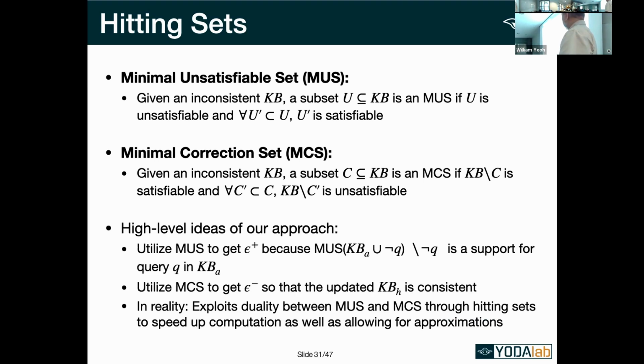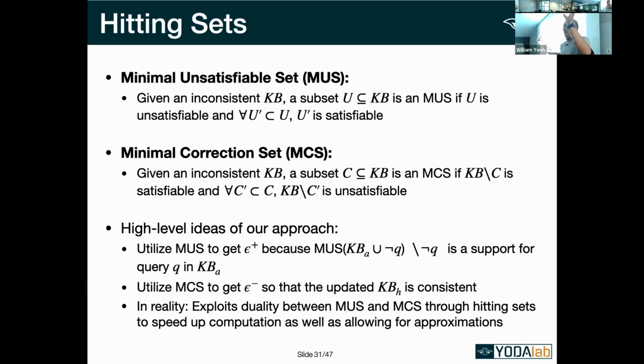We are using this for explainability to find epsilon plus and minus, because there's this very nice similarity there. For epsilon plus, we use MUS by basically saying, all right, we have KBH that is consistent, KBA, the robot's knowledge base, that is consistent. I have a query that is entailed by the knowledge base.